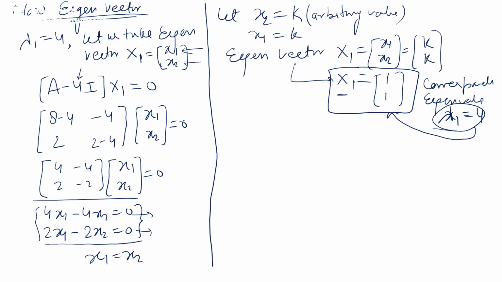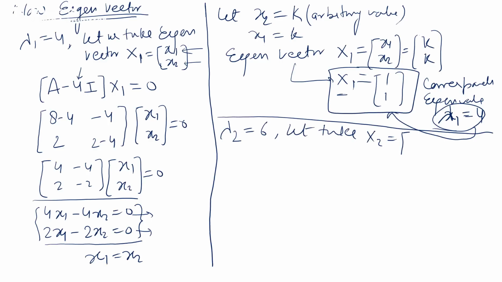Now for the eigenvector for lambda 2, that is 6, let us take capital X2, another vector, y1 y2. Again we write A minus 6I, with lambda now 6, times X2 is equal to 0.